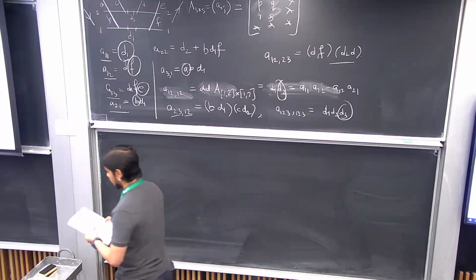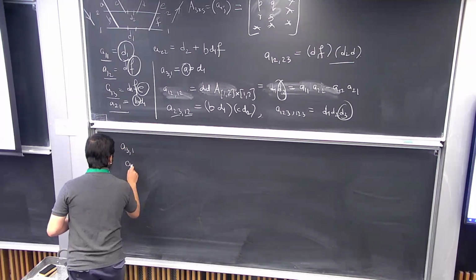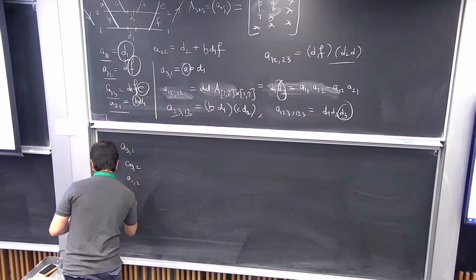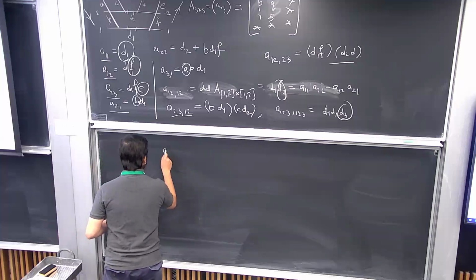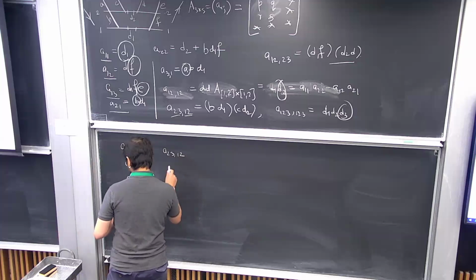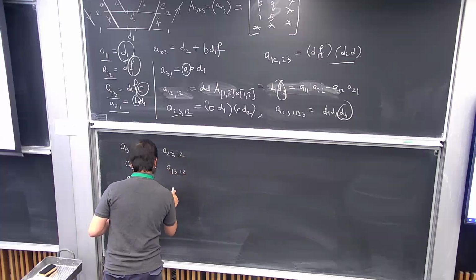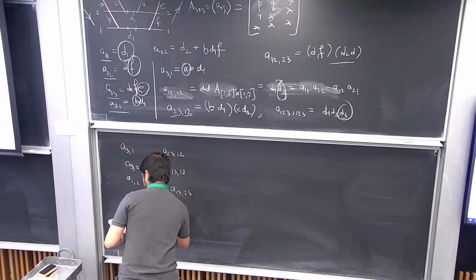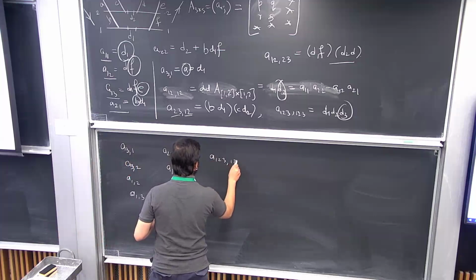If my computation is correct, these minors are A31, A32, A12, A13, A2312, A32, A1323, A123, and A123.